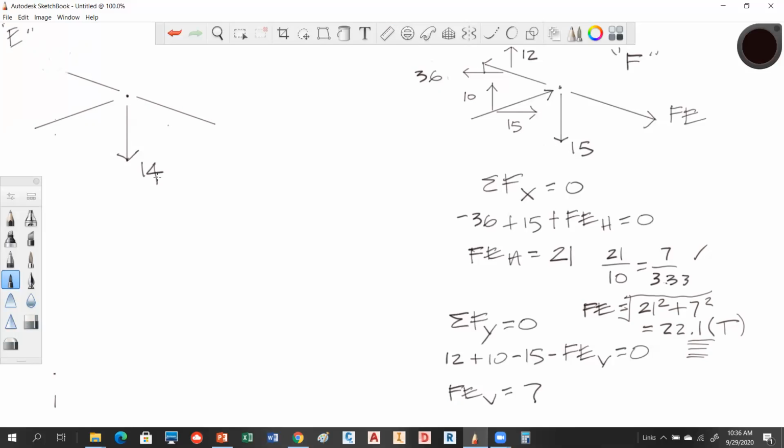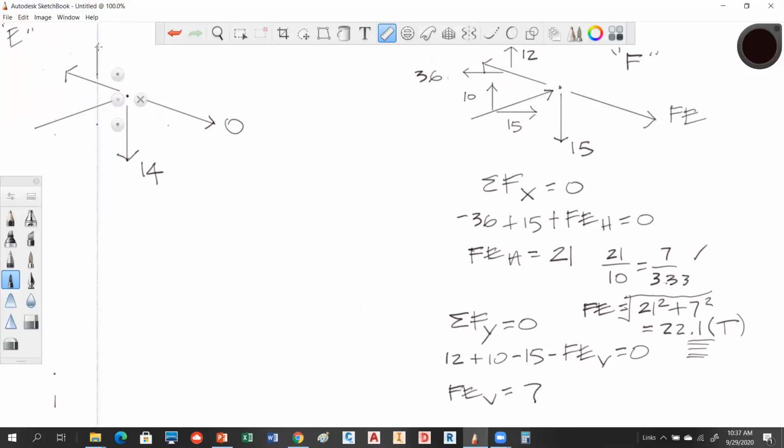What about ED? Wasn't that 0? Yeah, ED was 0. All right, so that's 0. Now we just solved this guy. This was FE. FE is a tension member, correct? So he's like this. That's FE. And so we've got two components on FE.